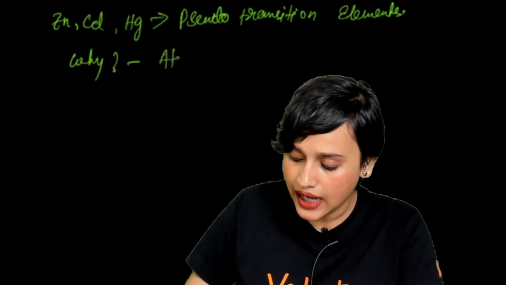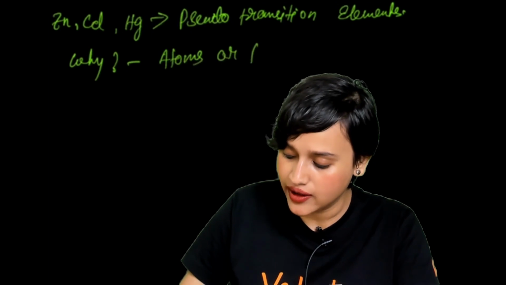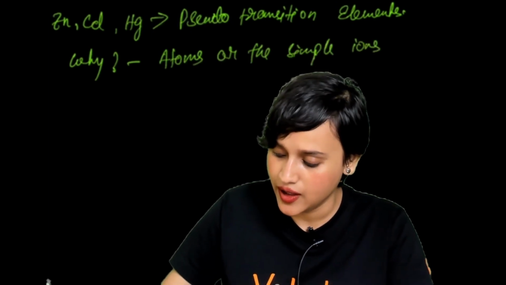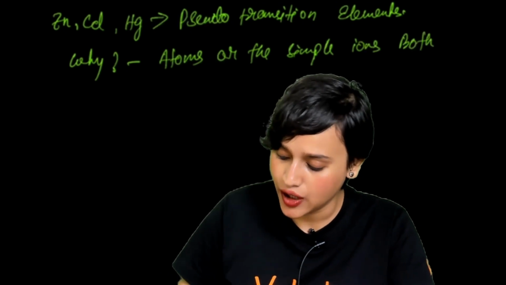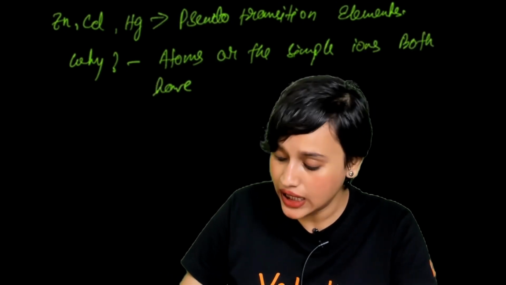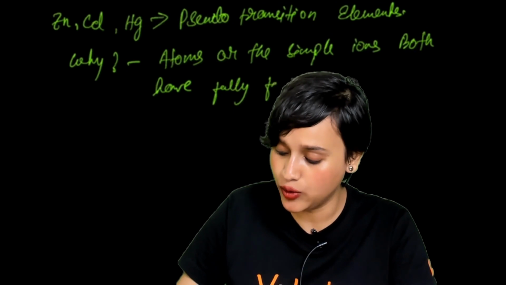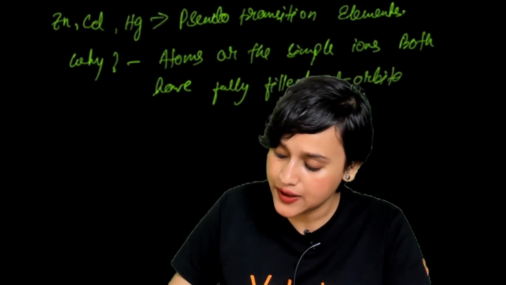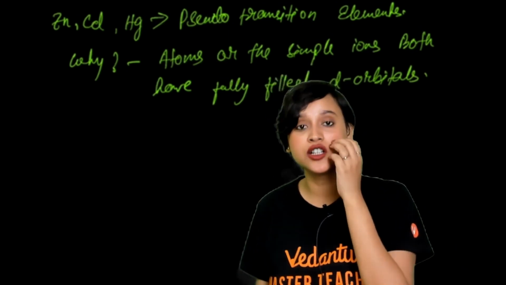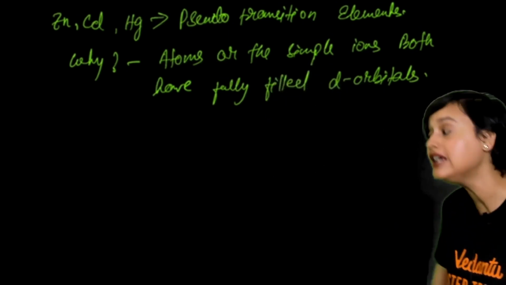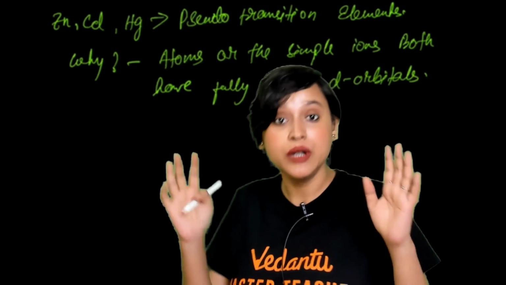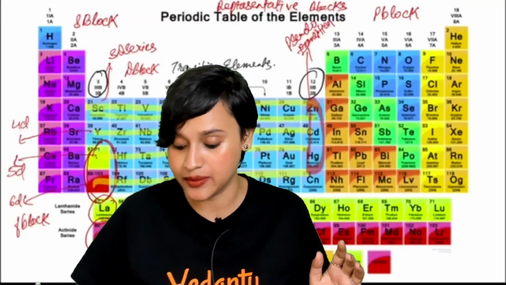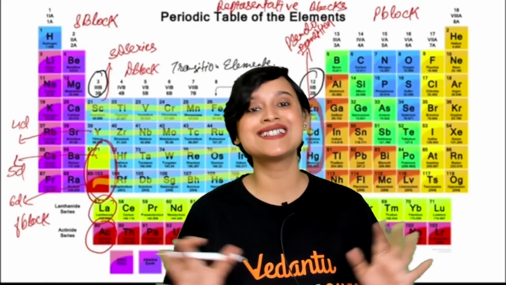Because the atom or the simple ions both have fully filled d orbitals, which is why they are not considered to be transition elements, but definitely they belong to the d block. They belong to the d block, but they are not transition elements, my dear student. Are you getting my point? Is this much clear, everybody?